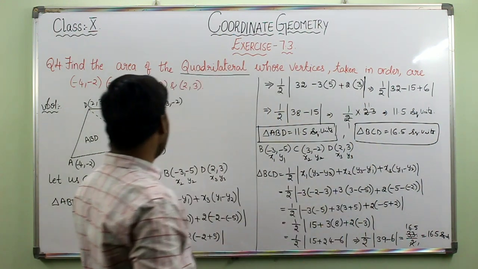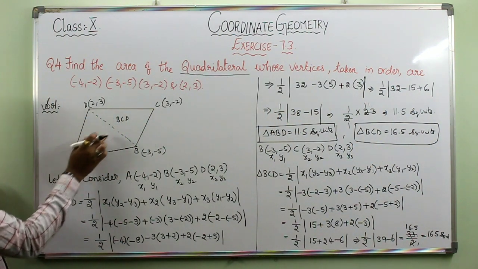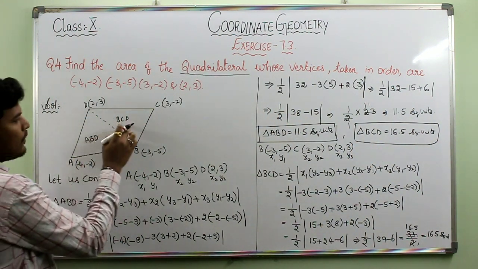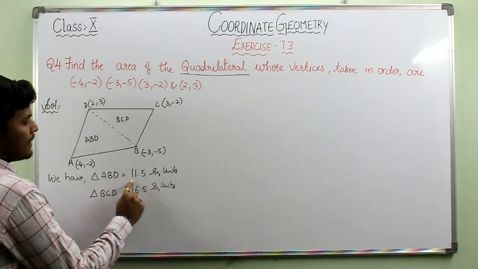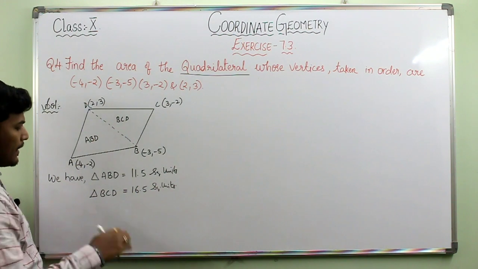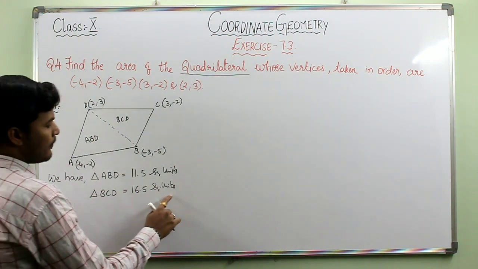Okay, so now in order to find the area of the quadrilateral, what we need to do, we have to add them. Now we have the area of ABD as 11.5 square units and BCD as 16.5 square units.